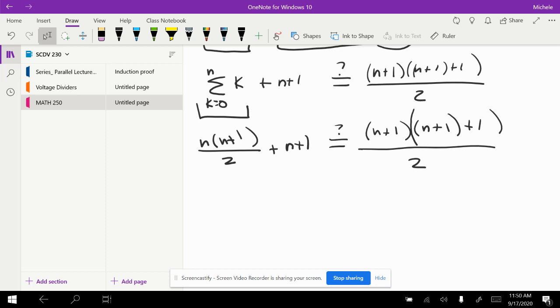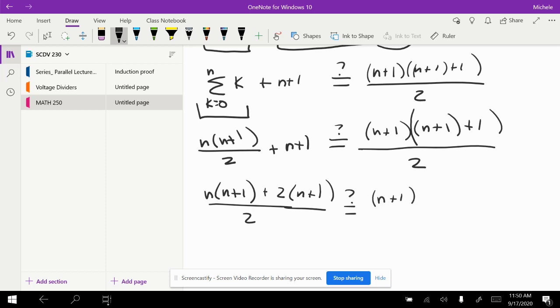So now I have these two terms, and I need to combine them, so I'm going to use a common denominator. So I'm going to do n times n plus 1 plus 2 times n plus 1, over 2. Does that equal n plus 1 times, and now I'm going to write this as n plus 2?